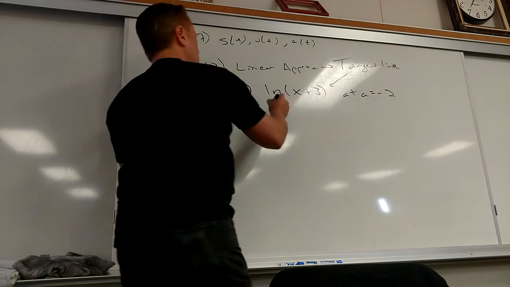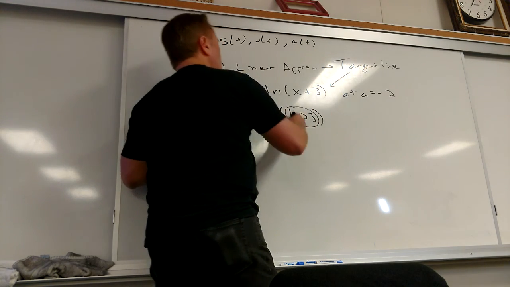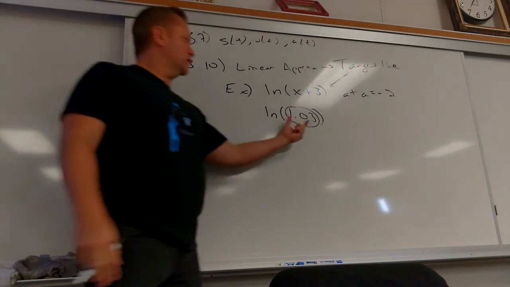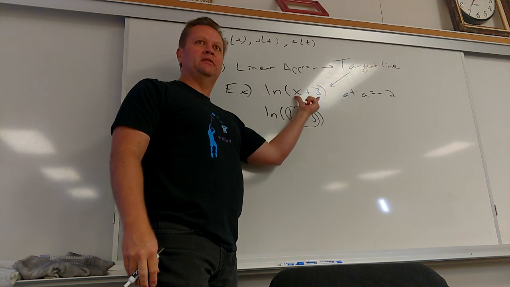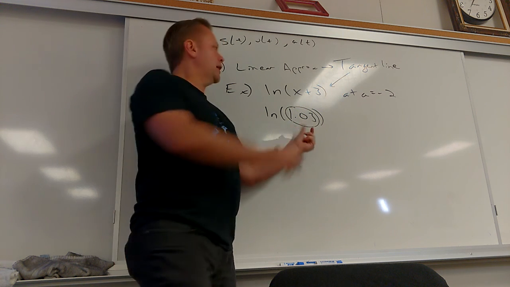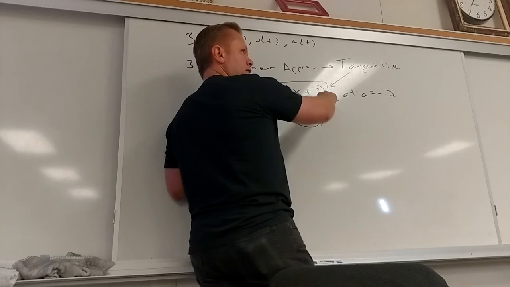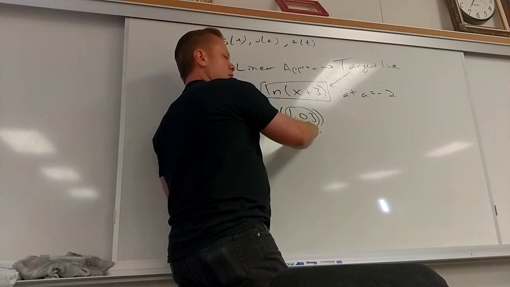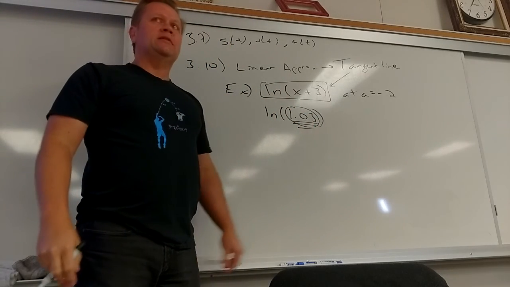But if I ask you, approximate this, am I going to put this value in to my equation? No. If I want to approximate 1.03, what does x have to be to make this 1.03? If I find the tangent line and then want to use it to approximate this value, x isn't 1.03.